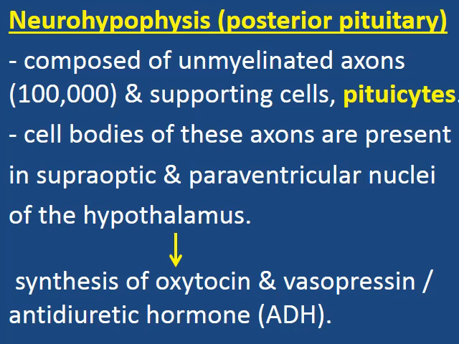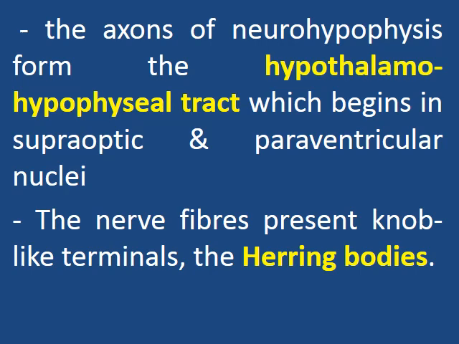The cell bodies of these axons are present in the supraoptic and paraventricular nuclei of the hypothalamus, and this causes synthesis of oxytocin and vasopressin, that is the antidiuretic hormone. The axons of the neurohypophysis form the hypothalamo-hypophyseal tract, which begins in the supraoptic and paraventricular nuclei.